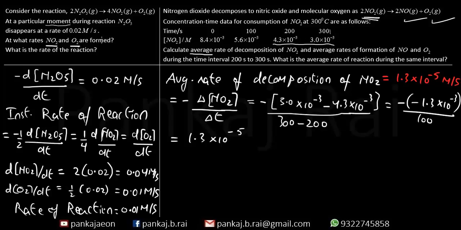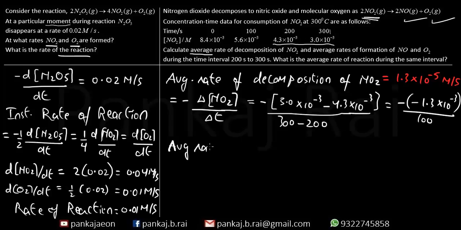Now this question at this point is similar to the previous question, wherein you were given the rate of one of the components and were supposed to find the rate of the other components and also the rate of reaction. Similarly now, we found the rate of consumption of the reactant, and we would be able to find the rate of formation of products by using our equation.